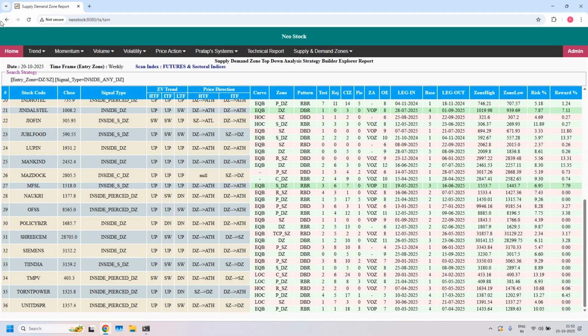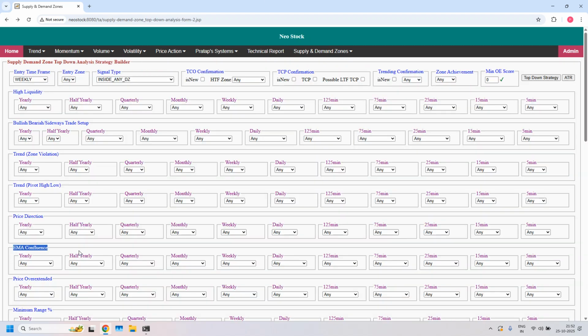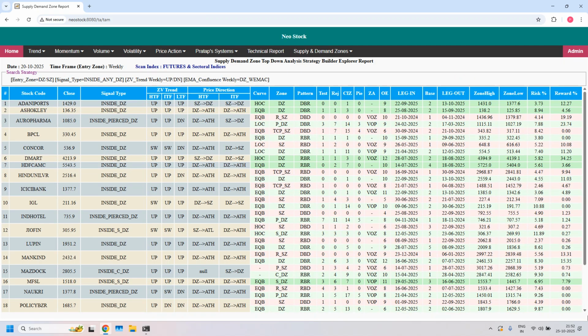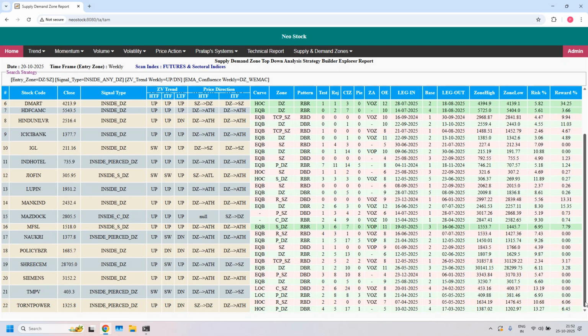We can further filter this list based on weekly demand zone having weekly EMA confluence, and also trend on the weekly should not be sideways. Now the list is reduced. First 18 stocks in the list. Scrolling the list down, total 22 stocks are filtered.